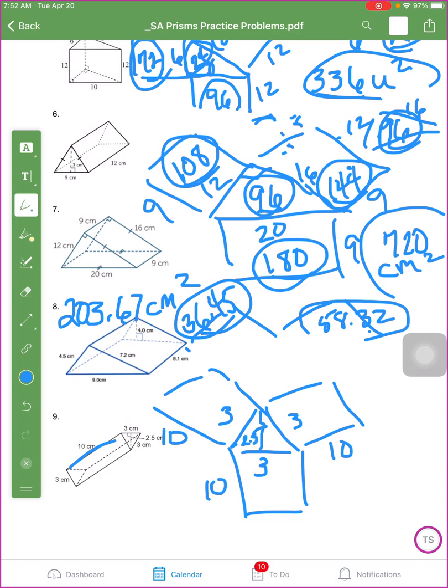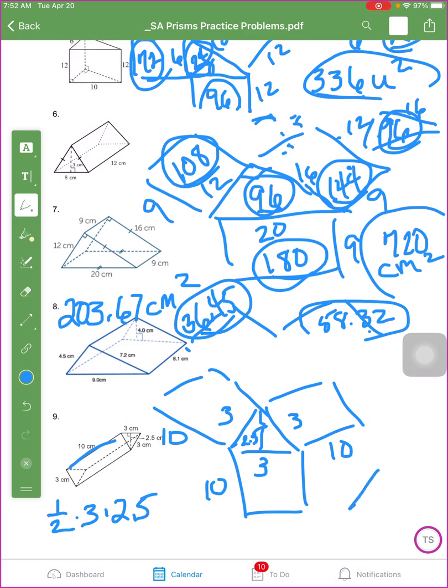All right, so let's do our triangle first. So we're going to do 1/2 times 3 times 2.5. So let's try that on the calculator. I can't do that in my head. Times 3 times 2.5. So that gives me an area of 3.75 for the triangle.